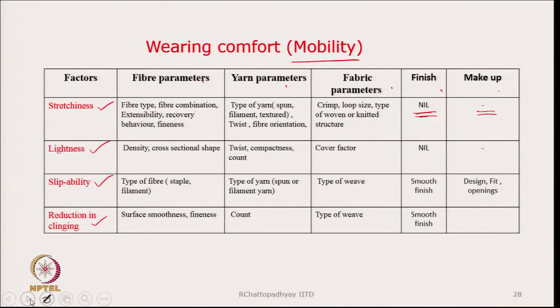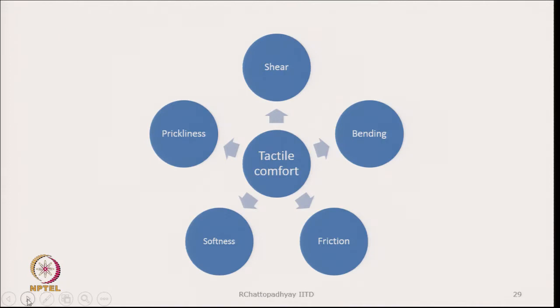Okay. From there, if we go to the tactile comfort now. Tactile comfort, again, you see, is a function of shear of the fabric, bending rigidity, friction, softness and prickliness. Prickliness has come here. All these properties are connected to tactile comfort.